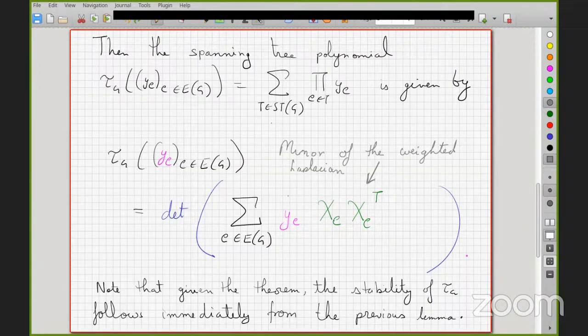So that is exactly the graph Laplacian, except that the row and the column corresponding to the vertex R are gone. So it's an (n-1) by (n-1) minor of the graph Laplacian. In particular, this also means that all the minors of the graph Laplacian have the same determinant, right? Root can be anything.